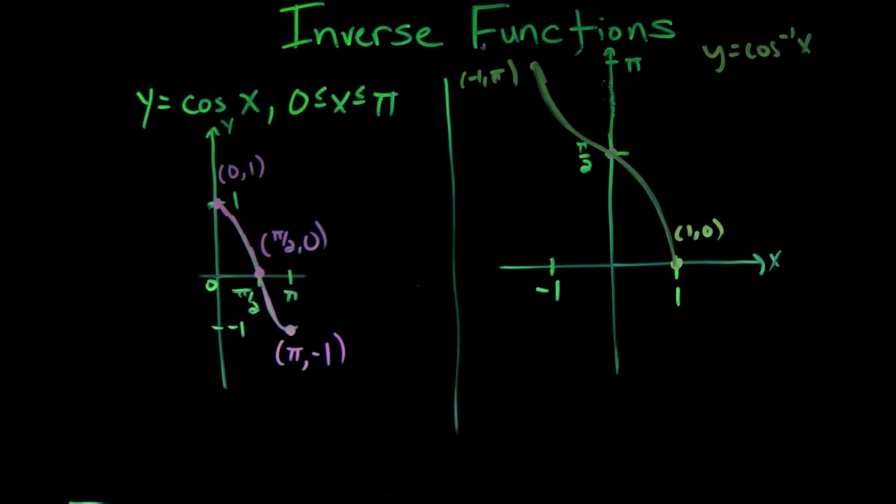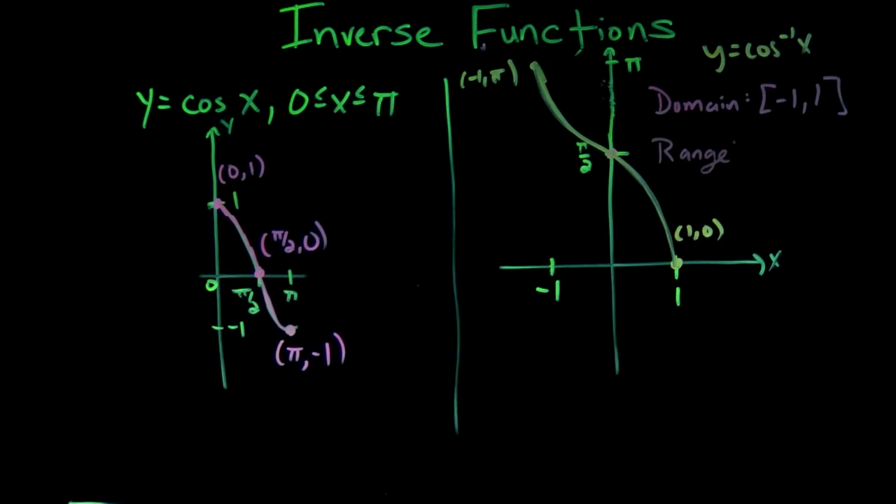And again, the shape of the graph is not terribly important to us, but what is important are the properties. Okay, so for the inverse cosine, we see the domain is -1 to 1. So the x values go from -1 to 1, which was the range of the cosine.